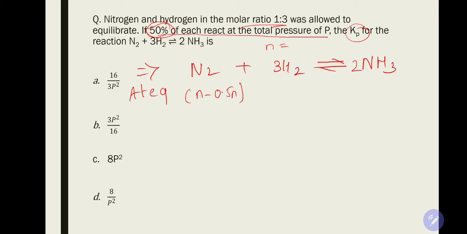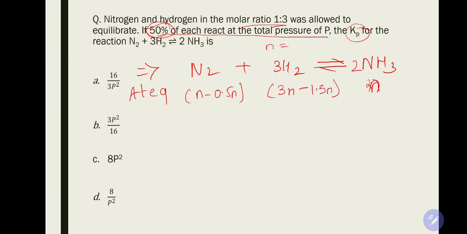If we take it as 1, then for H2 this will be 3n minus half of 3, which is 1.5n. Clear? And this will be n, and NH3 will be 2n. So what is the total number of moles?